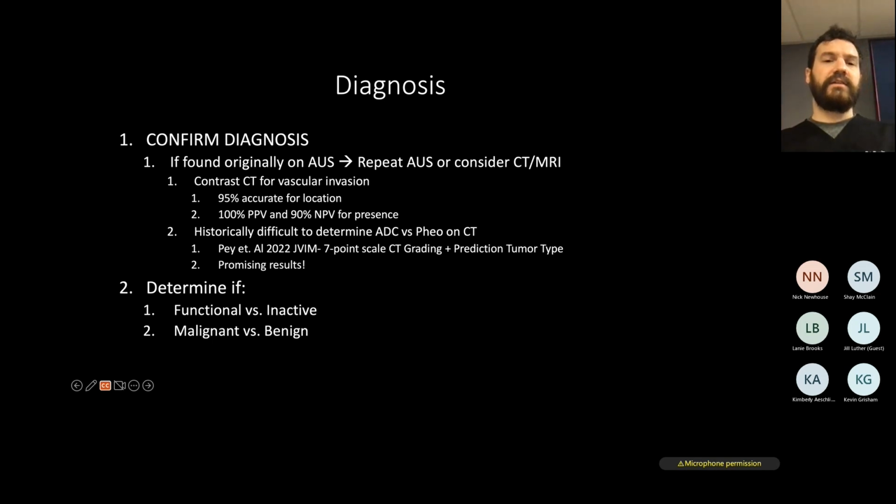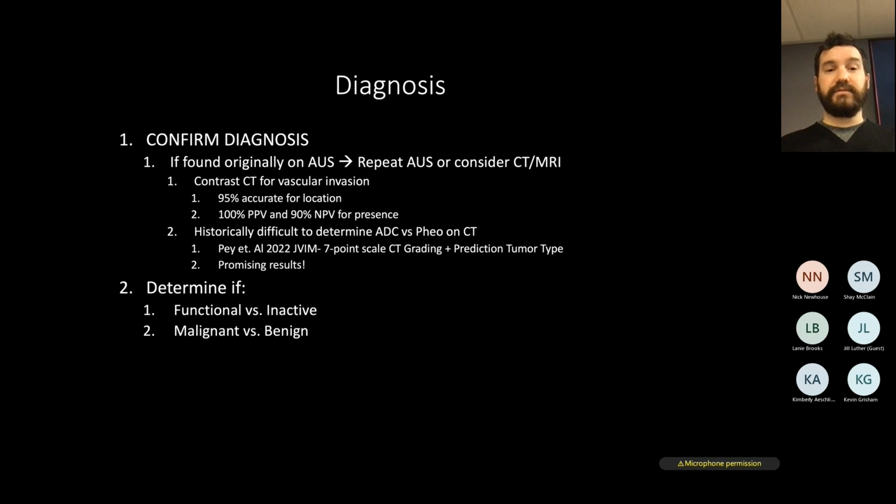So the advantage of going to CT when we're trying to work these tumors up is that contrast CT can be very, very helpful in terms of determining how invasive these tumors are, because invasiveness is not going to diagnose anything for us, but it's going to push us one way versus the other in terms of how malignant this is and what type of tumor it potentially is. So you can see it's 95% accurate for determining location of the tumor, 100% positive predictive value, and a 90% negative predictive value.